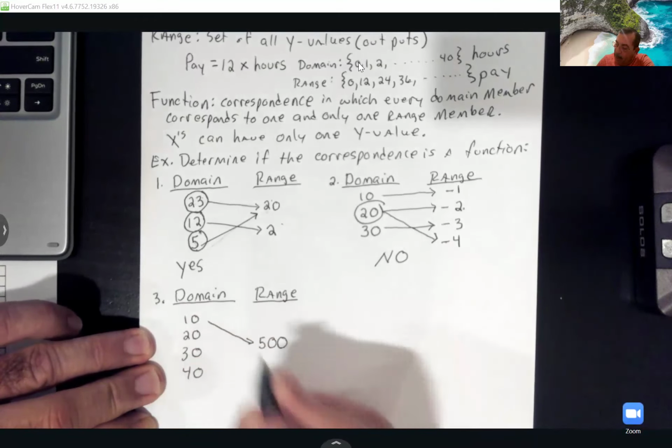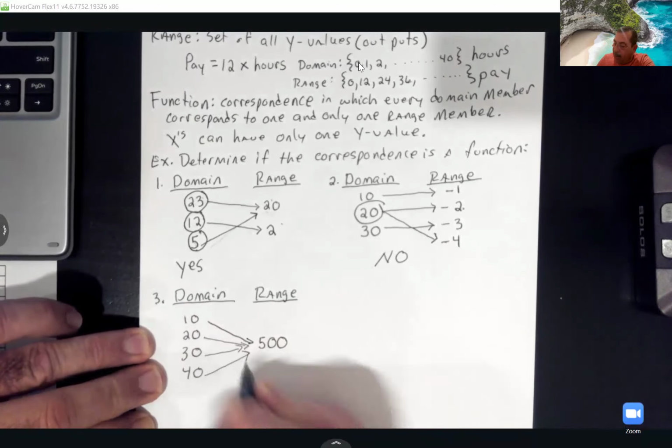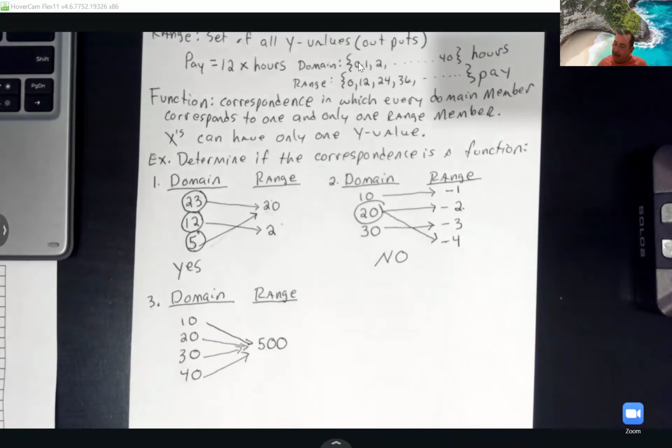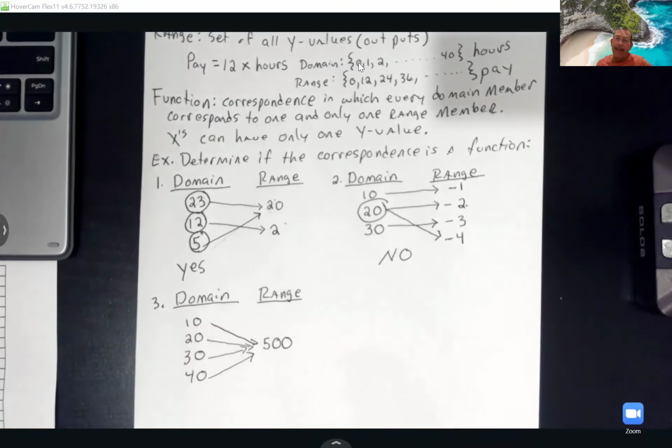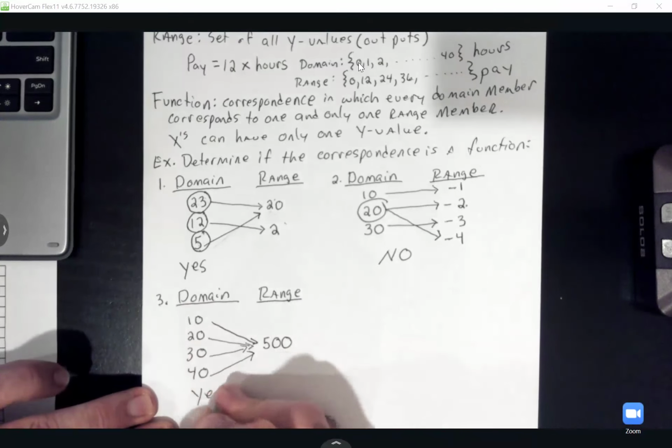So the 10's pointing to it, the 20's pointing to it, 30 points to it, and the 40 points to it. So all these domains are pointing to that 500. But y'all, the question is, is that a function? Yes. Good job, definitely.